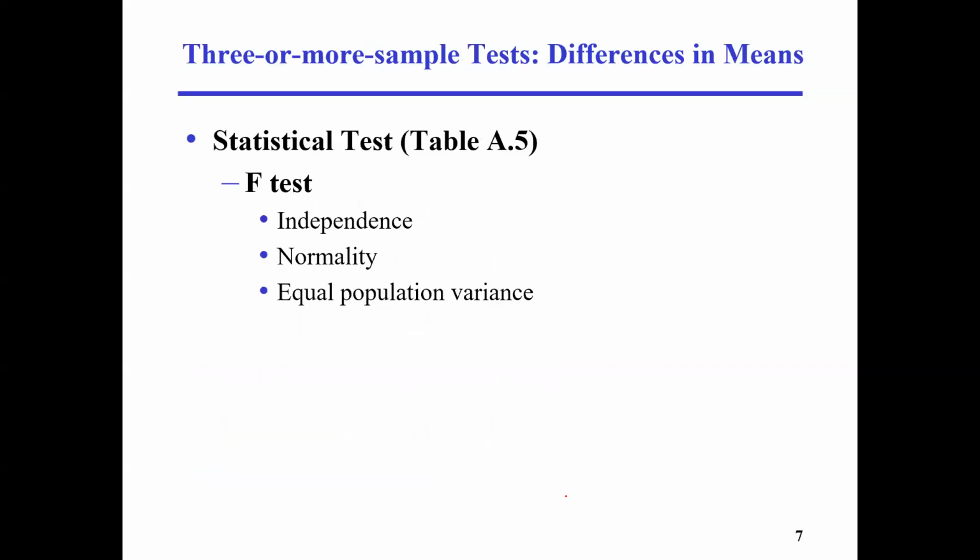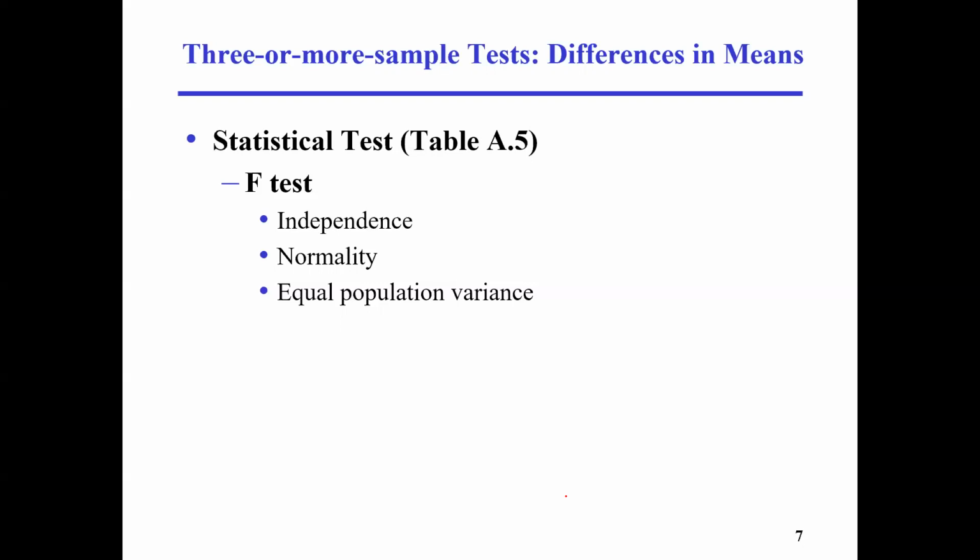Okay, next, let's talk about the F-test, the statistical test for ANOVA. You can find another lookup table for the F-test in your textbook. It's table 8.5. The assumptions for the F-test are independence, normality, and equal population variance.